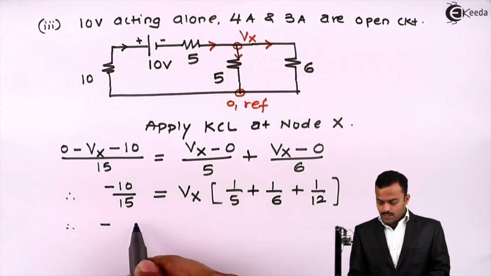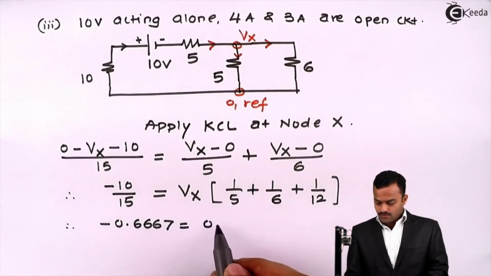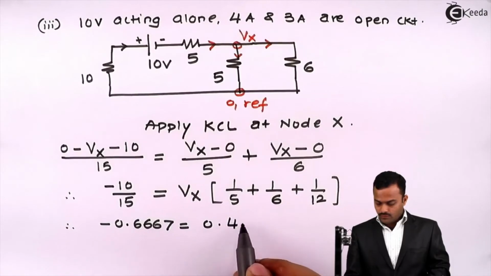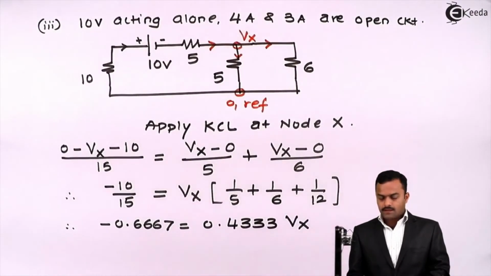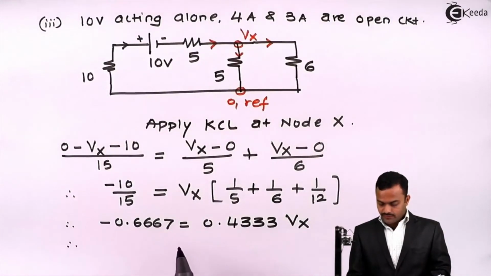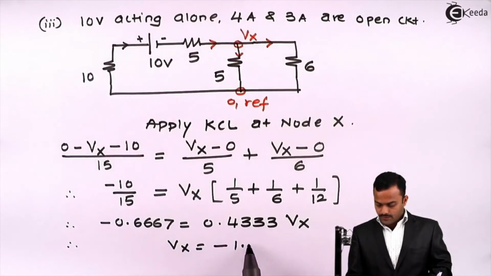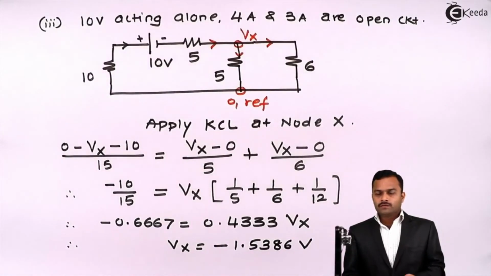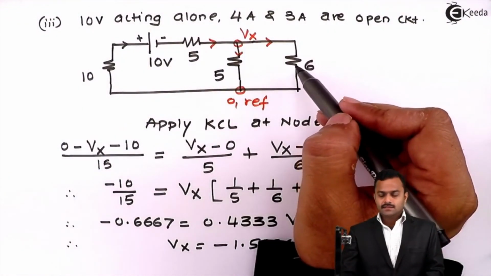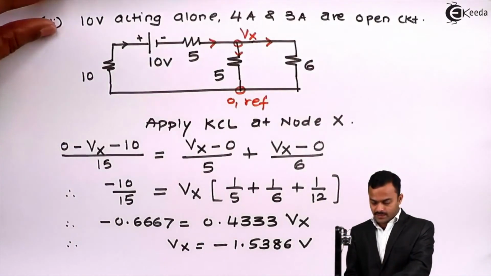This will be minus 0.6667, and this will become 0.4333 Vx. So if we solve this, you will get Vx as minus 1.5386 volt. With the help of Vx, we can get this current, which is nothing but (Vx minus 0) divided by 6, ultimately Vx by 6.